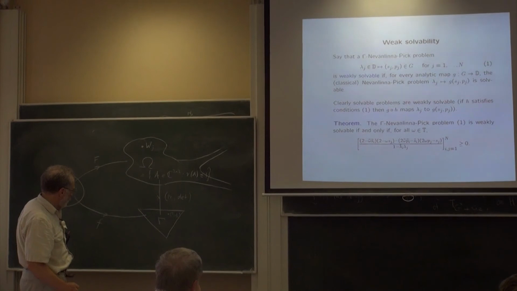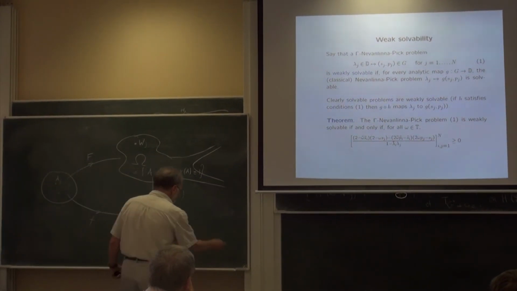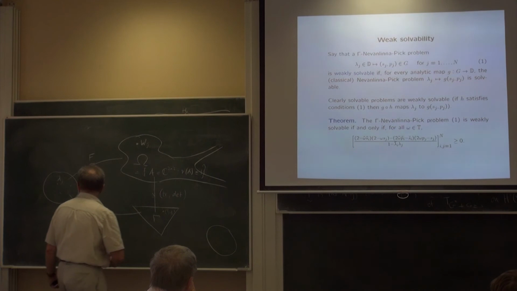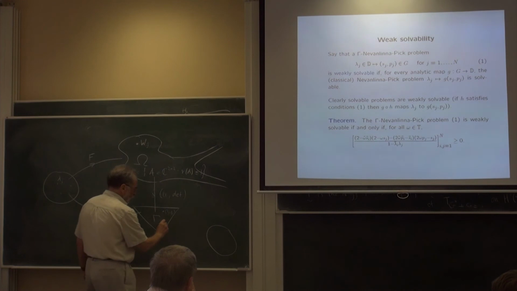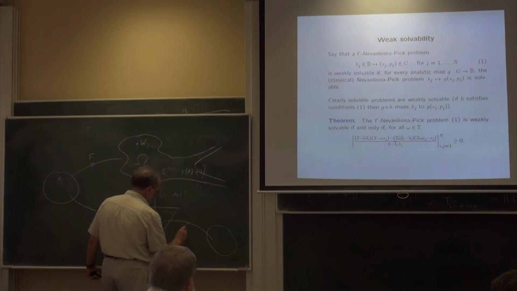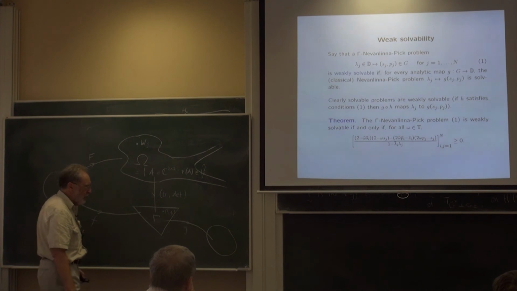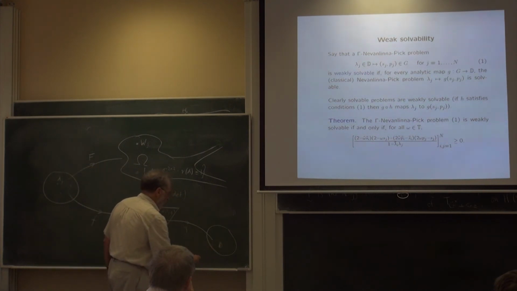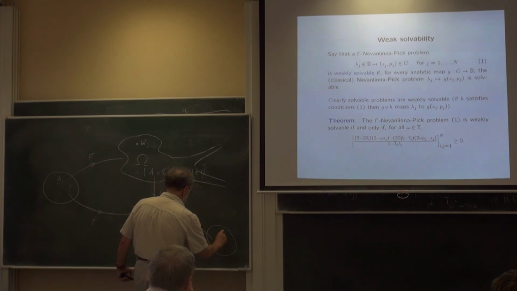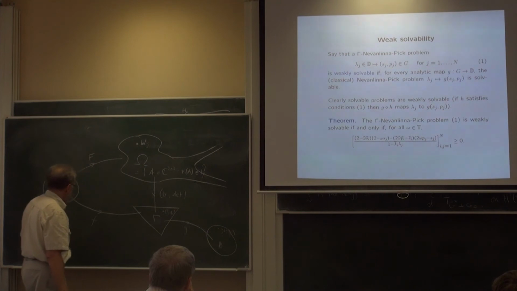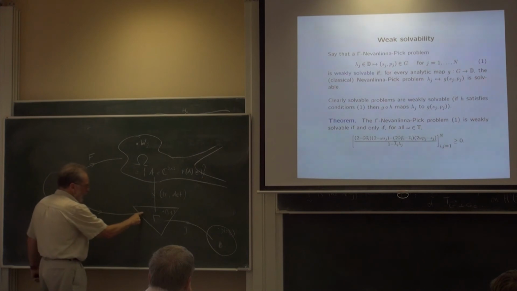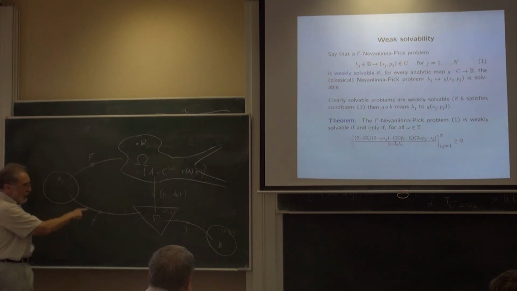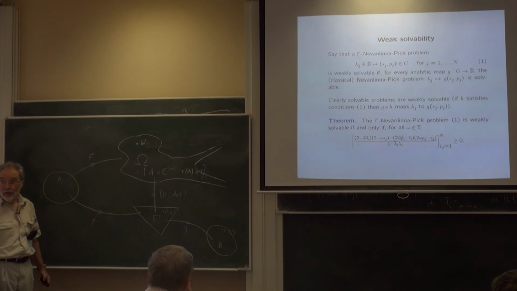So here's an idea. You're trying to solve this interpolation problem. You could do the following: consider any map G from the symmetrized bidisc into the unit disk, and then look at the points G of Sj, Pj. Now, if you had a solution F here, then G composed with F would be a solution of a classical Nevanlinna-Pick problem.